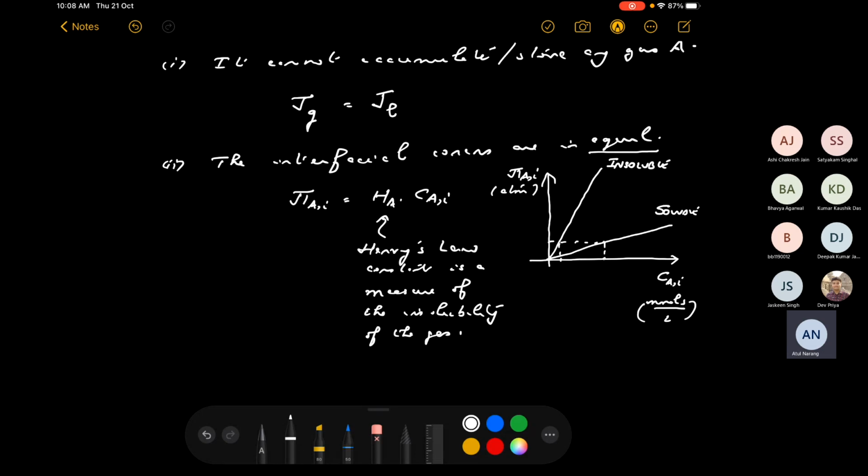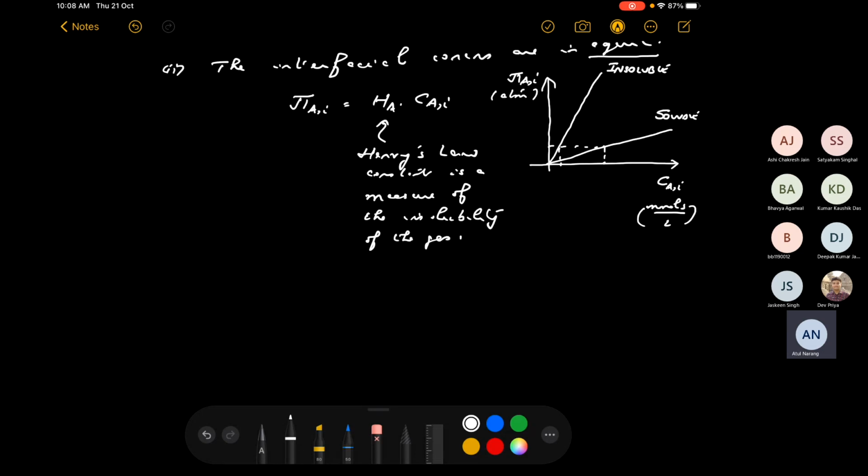So, for example, to be more precise, HO2, which is highly insoluble, is 790 atmospheres per mole per liter, whereas HCO2, which is highly soluble, is around 30 atmospheres per mole per liter.